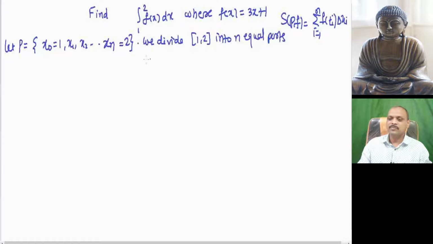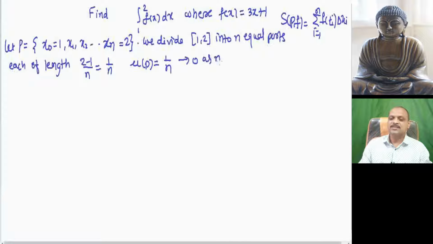So the length of each interval is 1 by n, that is, the maximum length of this interval is 1 by n, and you can see that this tends to 0 as n tends to infinity.